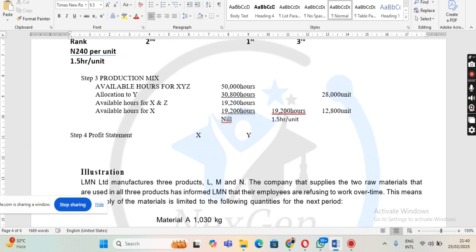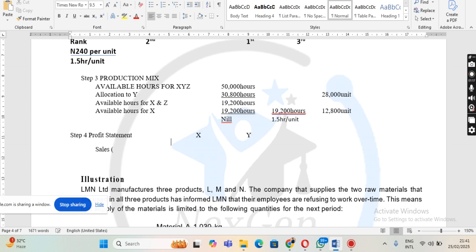So now we use sales since we want to determine profit in value. Your sales will be the selling price times what, class? If I want to get sales, selling price times what? Total units, units produced. Thank you.